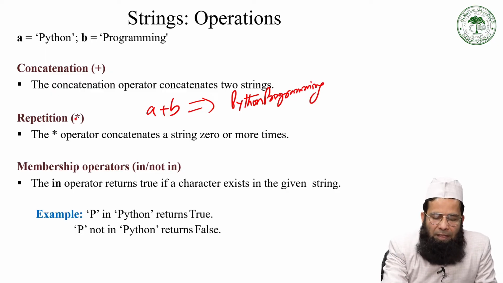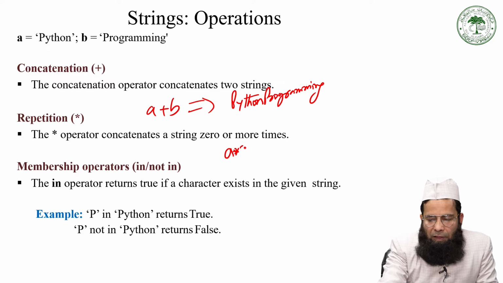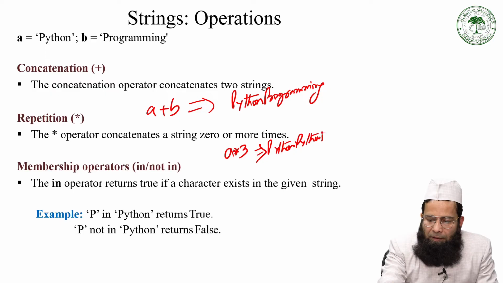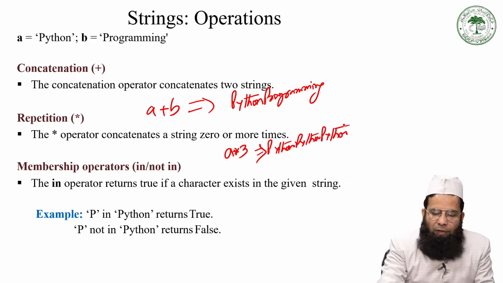And repetition, asterisk: if you want to repeat something, like let's say I am writing A into 3, it would give me Python, and then Python, and then Python. So this is the meaning of repetition.